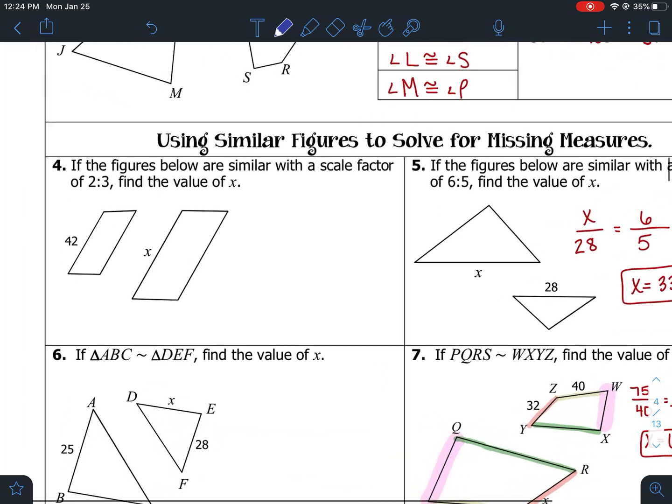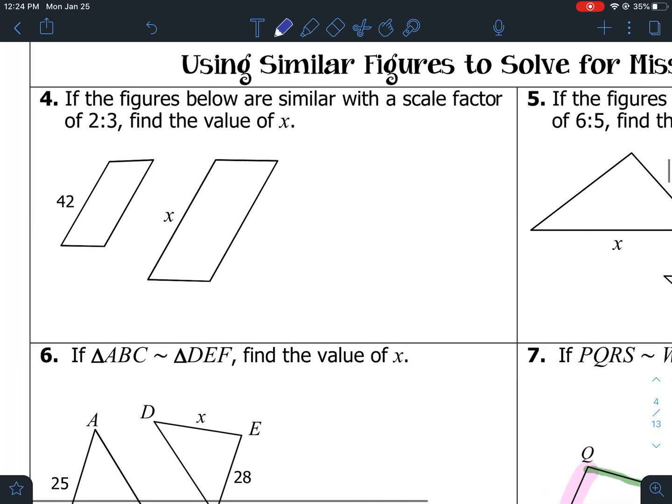Okay, so now we're going to use these similarity statements and the scale factor to find values. Our scale factor here is 2 to 3. So that's going to be our small one to our big one. I'm going to write that as a fraction first. My small one has a value of 42 on that one side, and my large one, I don't know.